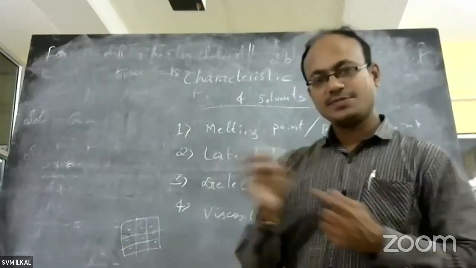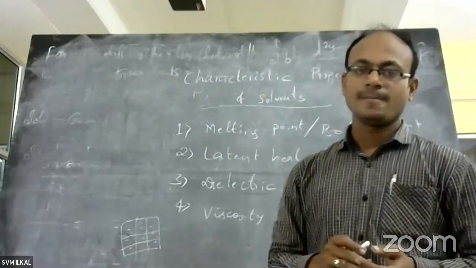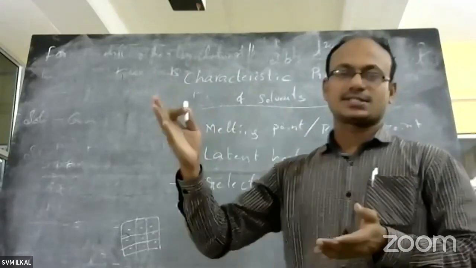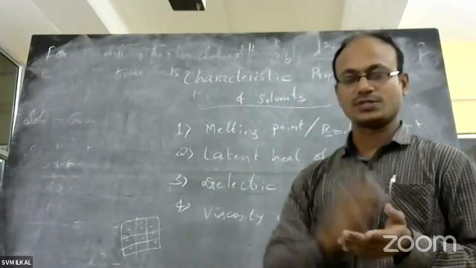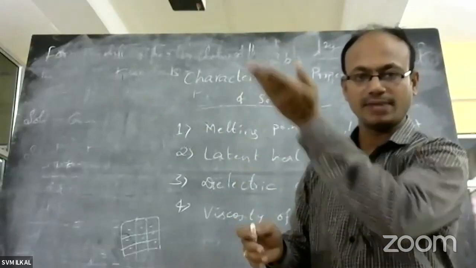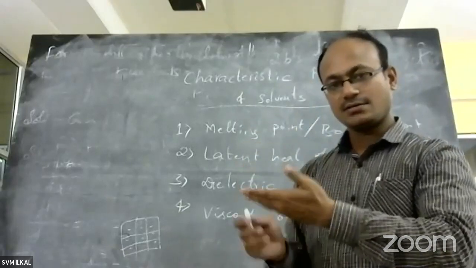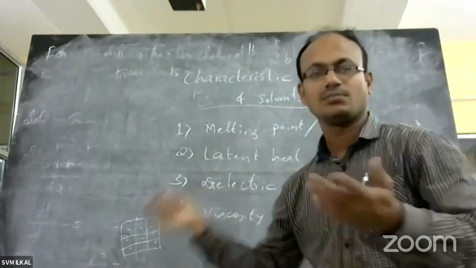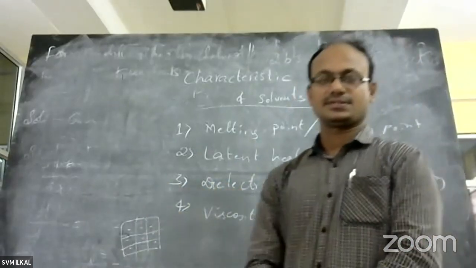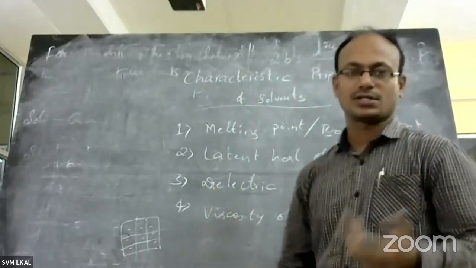So now the state has changed from liquid to gaseous. To transfer from one state to another state, a threshold barrier will be there. That threshold barrier is defined by the melting or boiling point of the substance. Now clear? Example again, water.